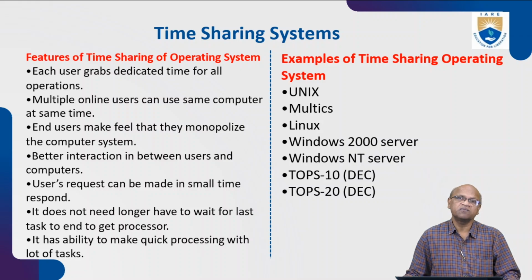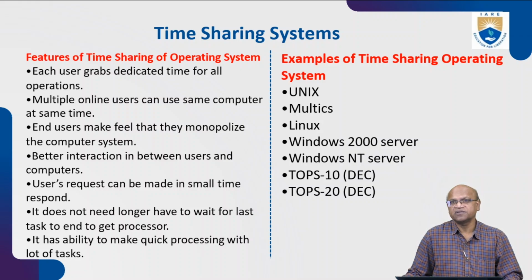No. In a time sharing system, the second instruction need not wait for 5 milliseconds. As per the time quantum, the CPU will execute the first instruction for 1 millisecond, and later on it will switch over to the second instruction, the second job, after 1 millisecond.